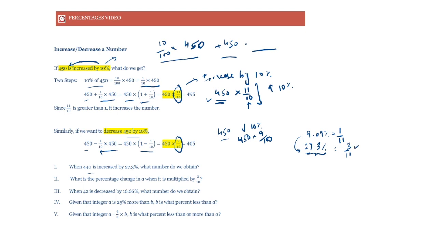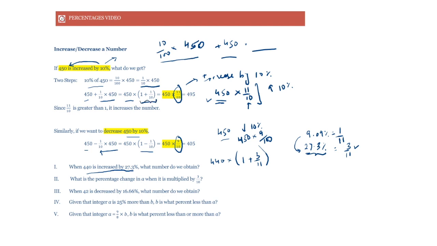Now, when 440 is increased by 27.3%, we do not need to find 27.3% of 440. We need to increase 440 by 27.3%, which means that first we'll need to find 27.3% of 440 and then add it to 440. Or, as we discussed previously, we can simply multiply 440 by 1 plus 3 by 11.